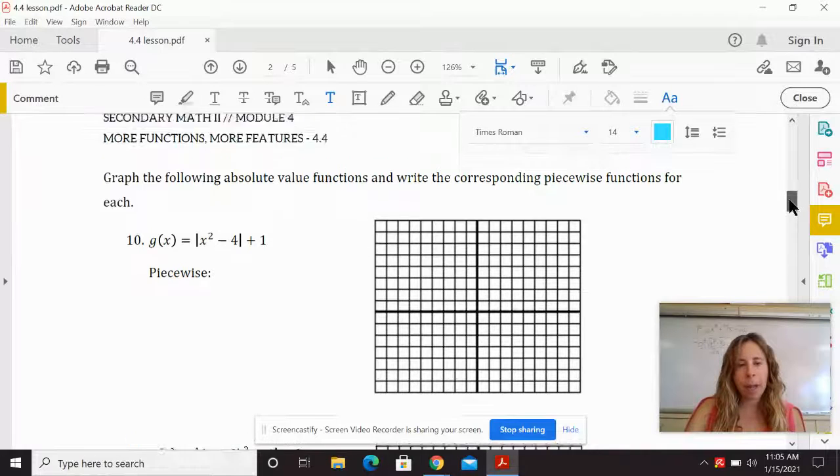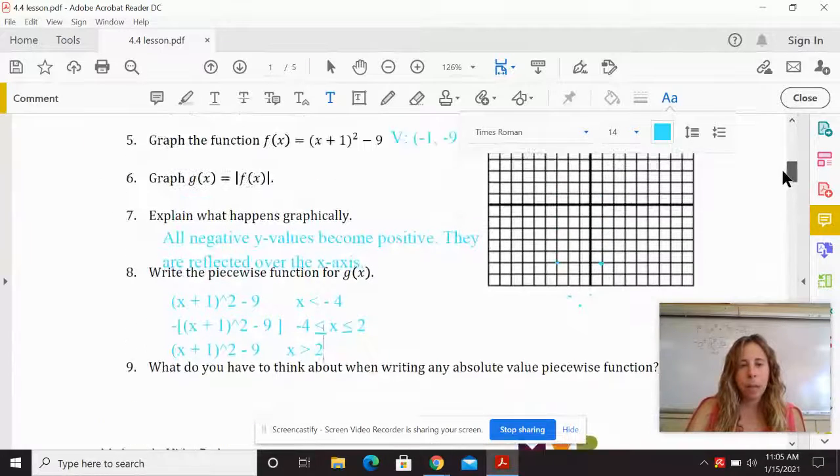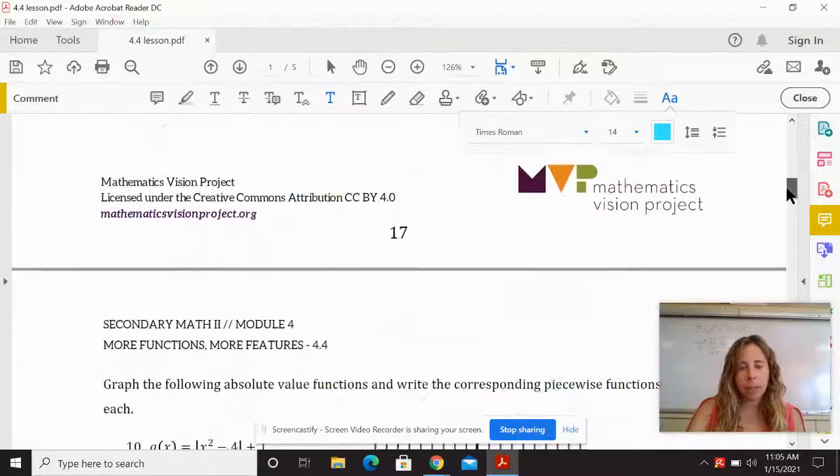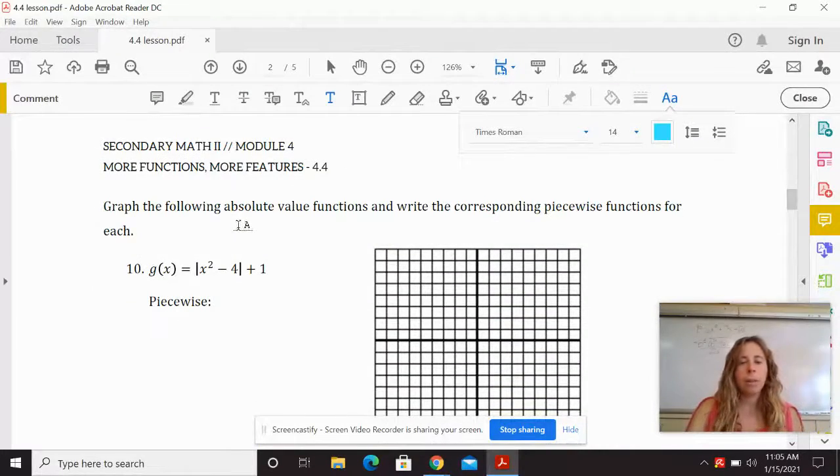Let's look back at number 9. I'll write it down here. In number 9, everything was inside the absolute value.